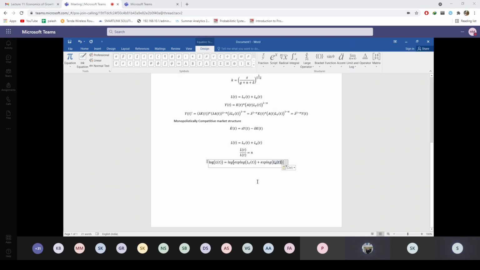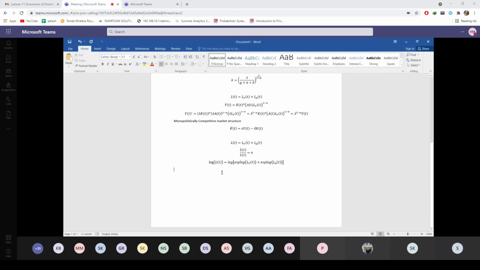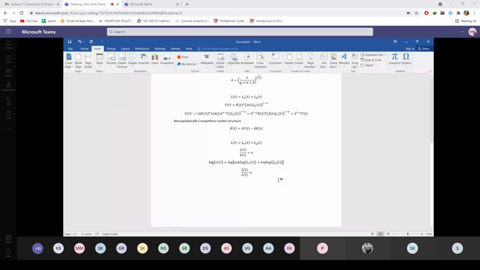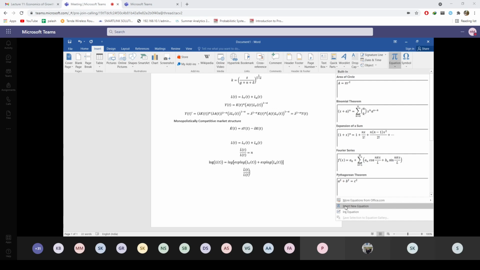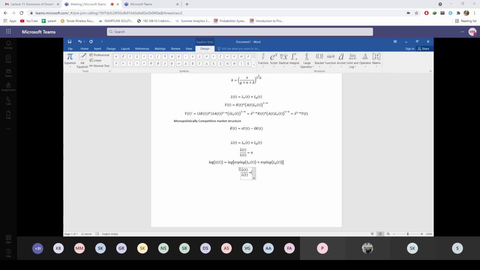If I do that, the left hand side is this, which equals, what should be the right hand side?